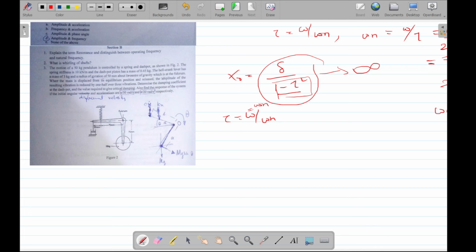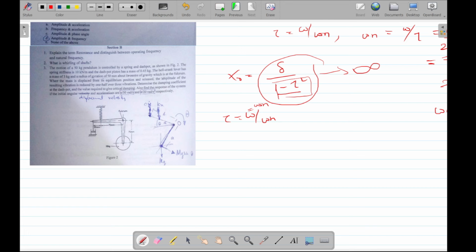All right. Now the difference between operating frequency and the natural frequency. The natural frequency is the frequency of the system itself, and the operating frequency is the frequency introduced by the external force. So when the body is vibrating freely, due to its mass and its spring element or spring value, it gives the body some amount of frequency.